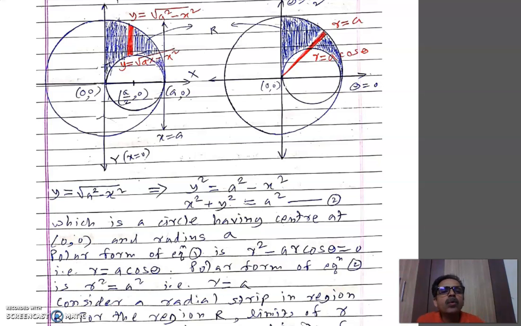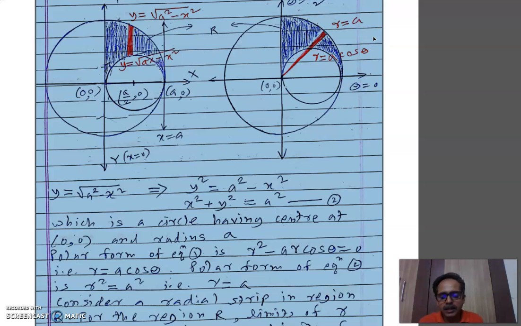Now first we have to find the limit of r. Minimum r is up to the small circle and maximum r is up to the large circle. I hope you will understand this.